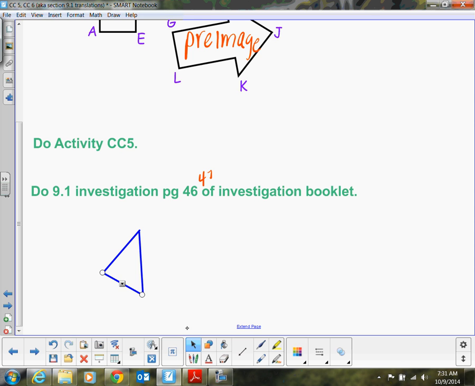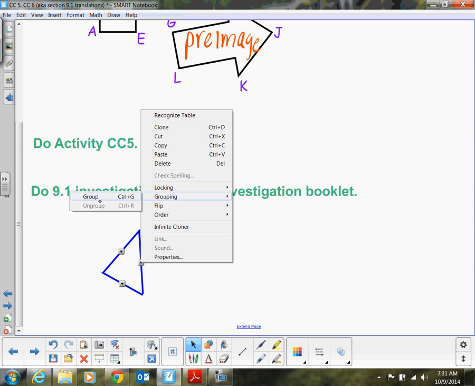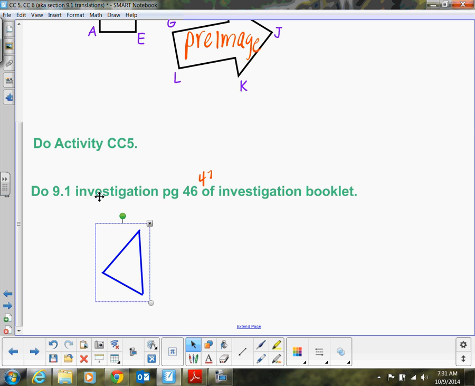Do you remember? Did you rotate it? Did you slide it? Did you flip it? What did you do to it? Do you remember? You slid it.